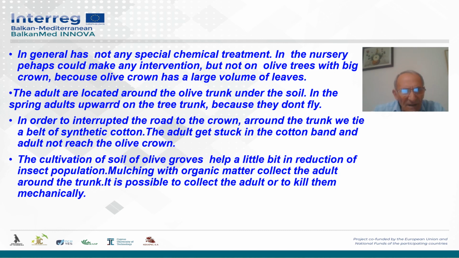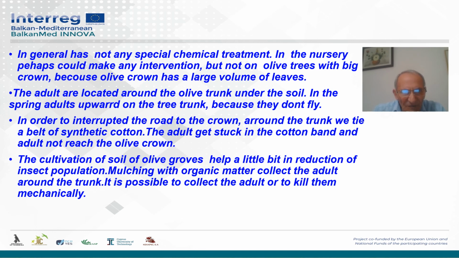In the spring, adults go upward on the tree trunk because they don't fly. In order to interrupt their road to the crown, we tie a belt of synthetic cotton around the trunk. The adult gets stuck in the cotton band and does not reach the olive crown.